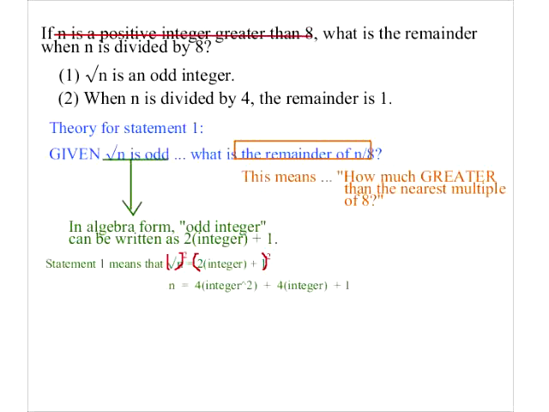So n is 4 times integer squared plus integer, and then plus another 1. So, well, this doesn't look like much, but somebody tell me a story about that part. Just that part. Does anybody have anything to say about that?